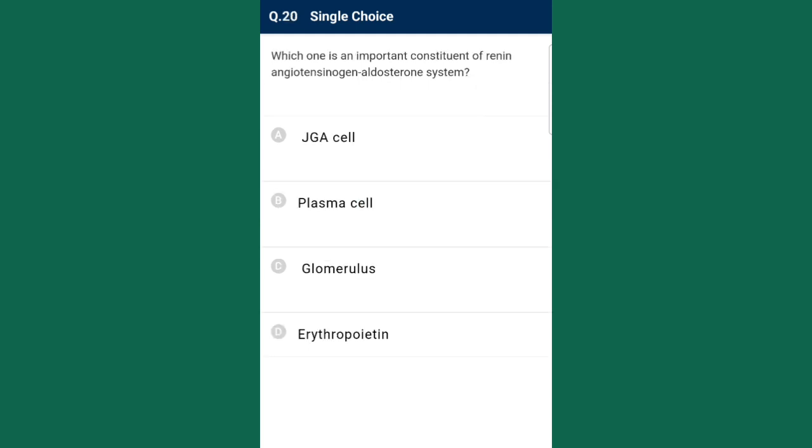Question number 20. Which one is an important constituent of the renin-angiotensin-aldosterone system? The juxtaglomerular apparatus, that is the JGA, plays a complicated regulatory role.